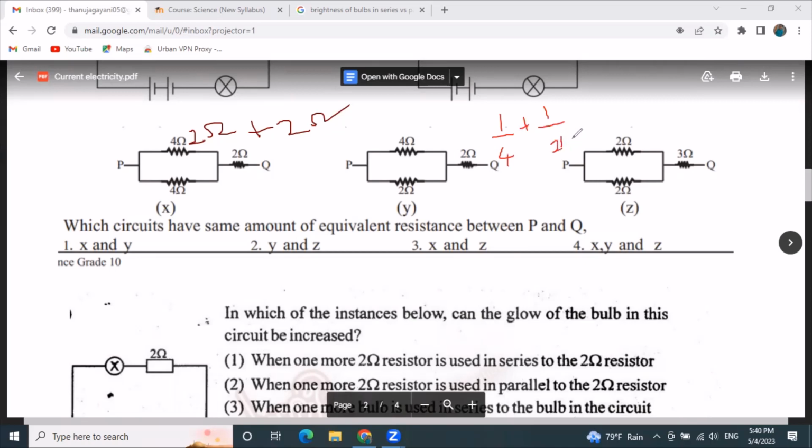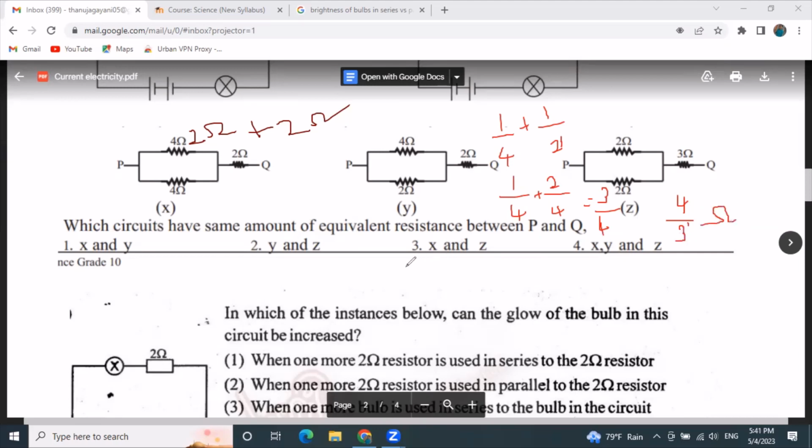1 over 2 with the same denominator is 2 over 4. So 1 over 4 plus 2 over 4 is 3 over 4. And the next one is 2 ohm. We know that 3 over 4 is the reciprocal of the value, so we should change the denominator and the numerator again. Accordingly, 4 over 3 ohm. You don't need to find the exact value.